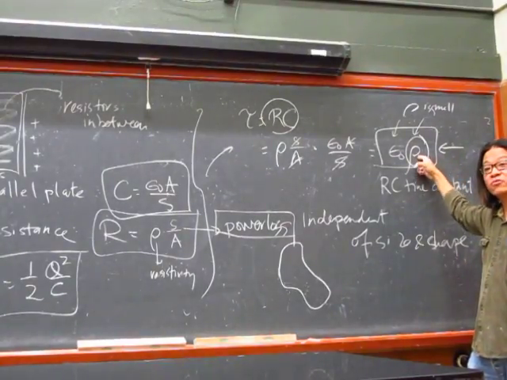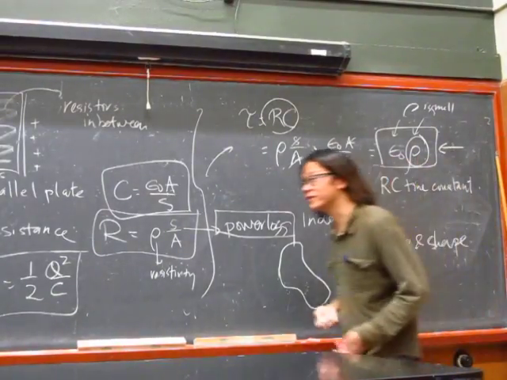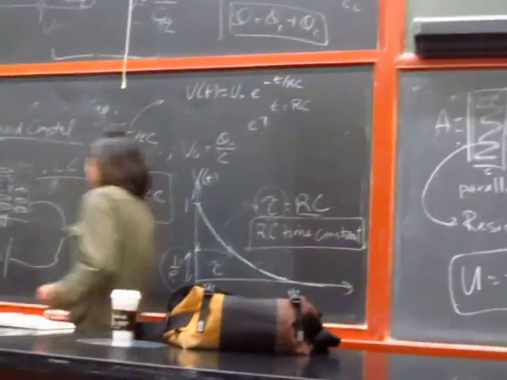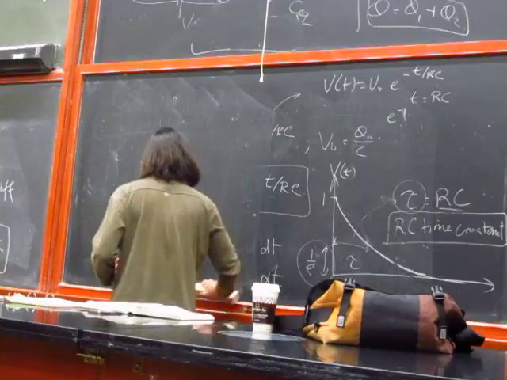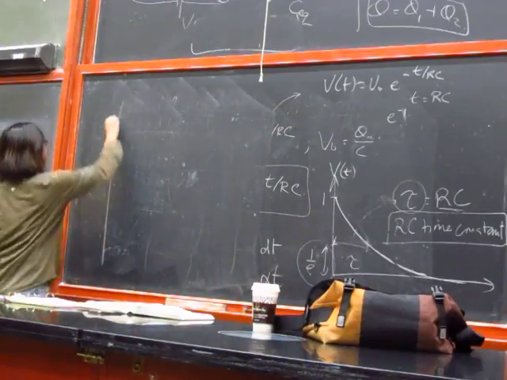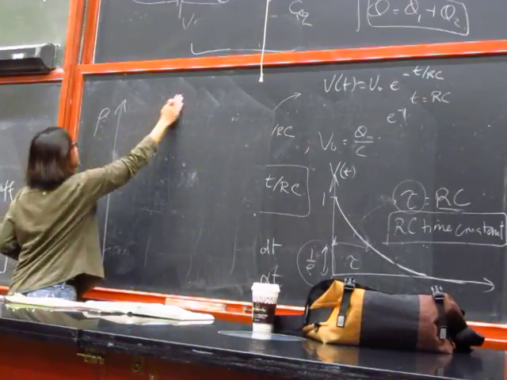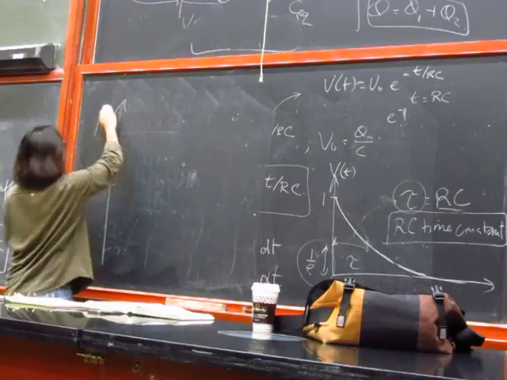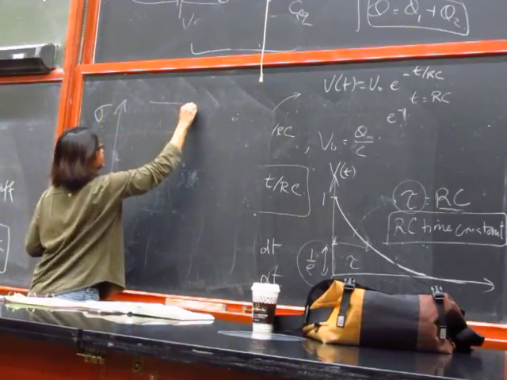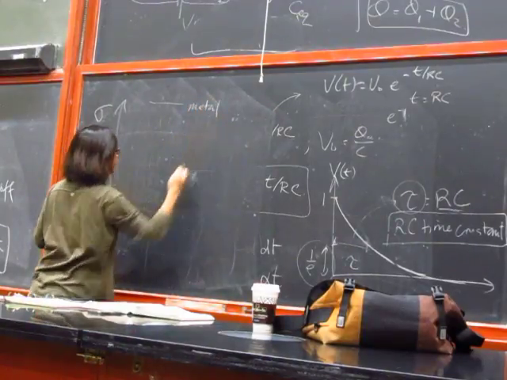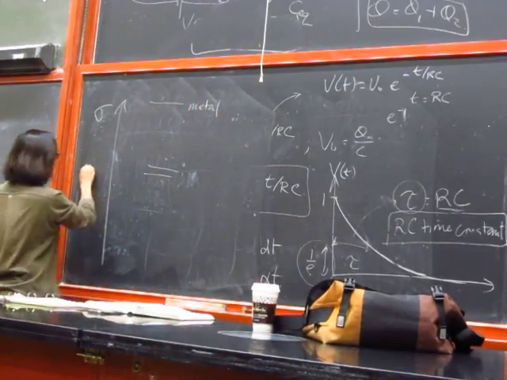But you have a lot of room to play with, because if you look at the table in the cell, this is the most amazing thing about material science. If you look at the table of resistivity, or conductivity, on one end you have metal, and this is a log scale, by the way.